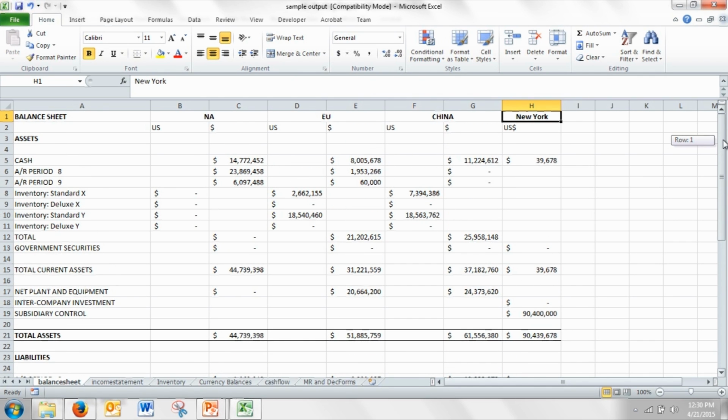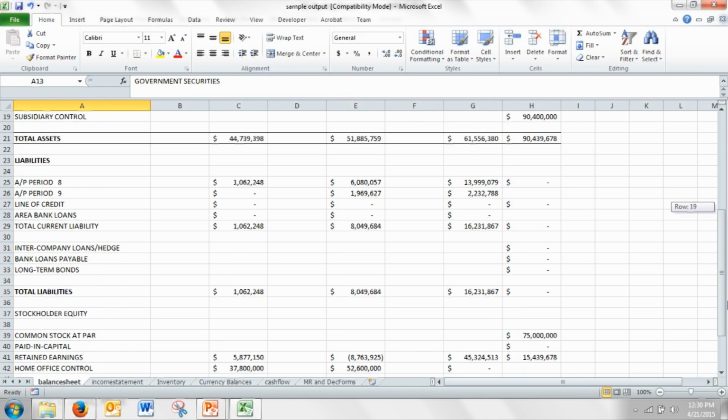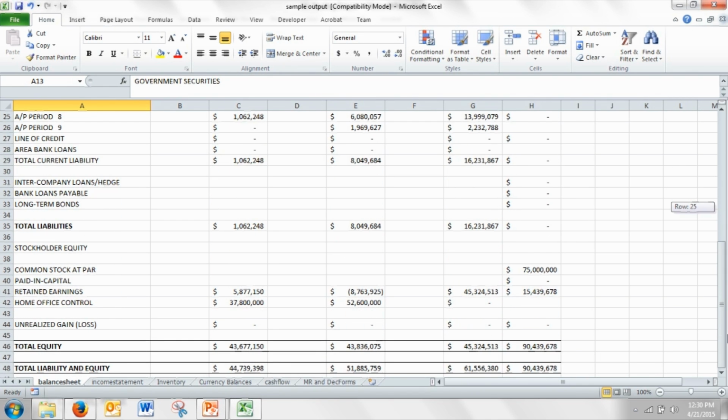Okay, and your balance sheet is your standard balance sheet with assets at the top, your inventory, standard X and deluxe X, and government securities. And then as you scroll down, you'll see liabilities, including common stock at par. So this particular firm started with $75 million.